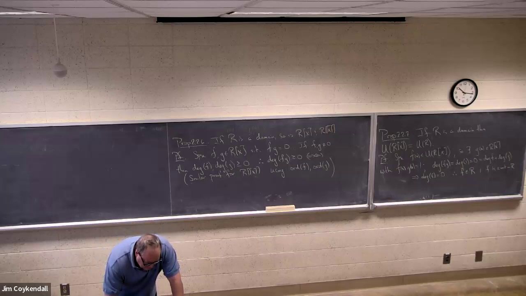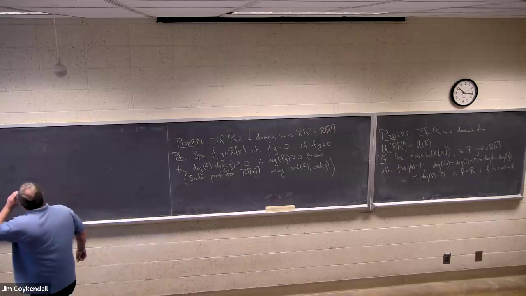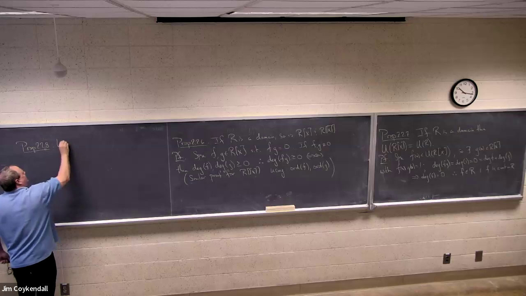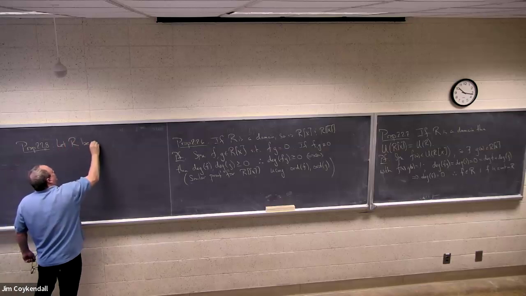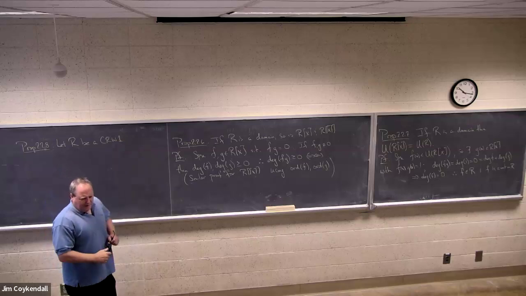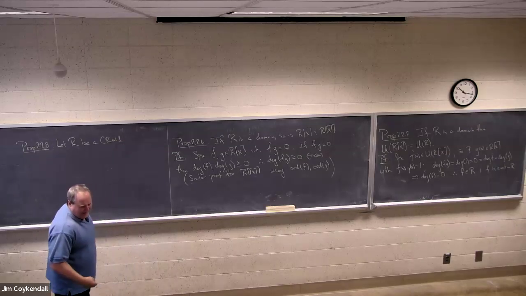I'll just finish this up this way. Proposition 228. Let R be a commutative ring with one, and I an ideal.